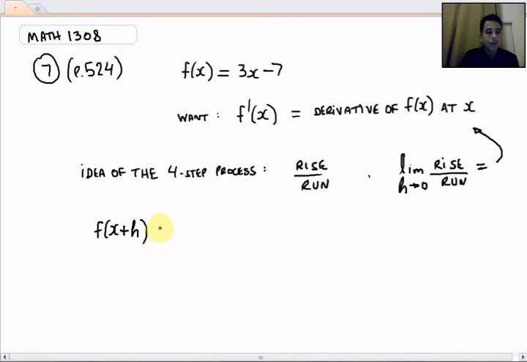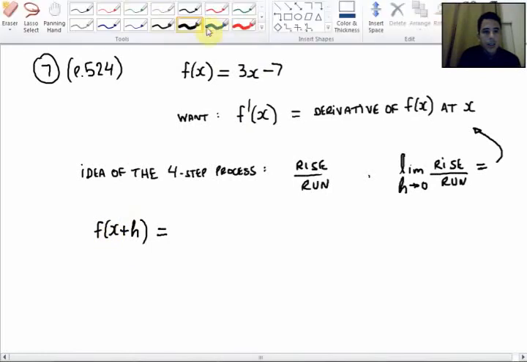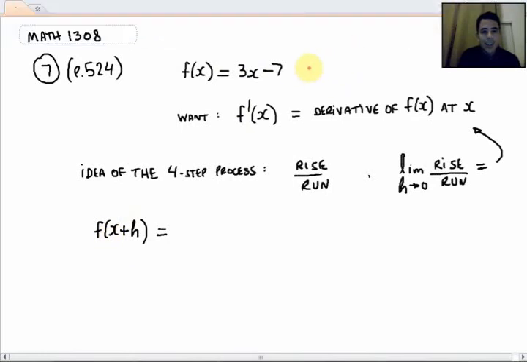Okay, so let's see what this is. Well, here's the function f of x equals 3x minus 7. So let's put that in here, right? Just to make sure you understand how we plug this in, some of you, most of you, might understand what I'm doing here. When you see a function, it basically means that whatever you put in here, you can put the world in there, a star or anything in there.